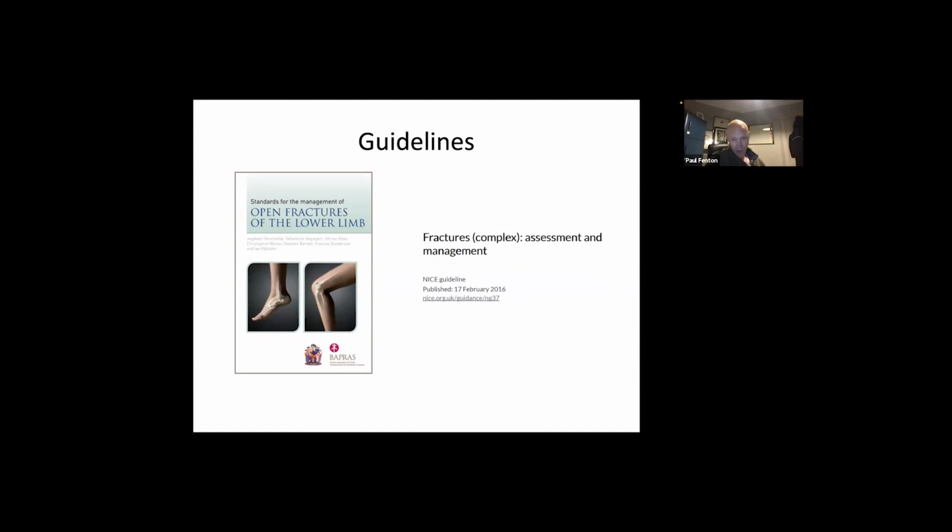NICE have guidelines on complex fracture, which include sections on open fractures. But in a great example of collaborative working across specialties, the British Orthopaedic Association and the British Association of Plastic Surgeons have produced a combined document on the standards of management of open fractures of the lower limb.